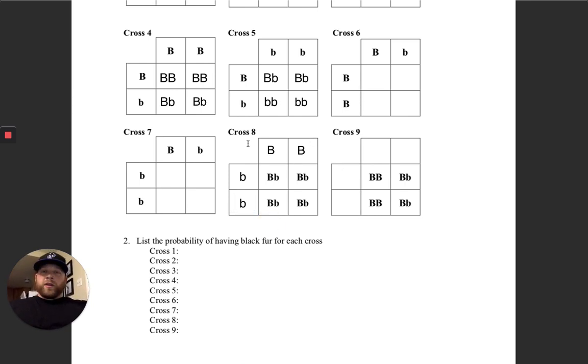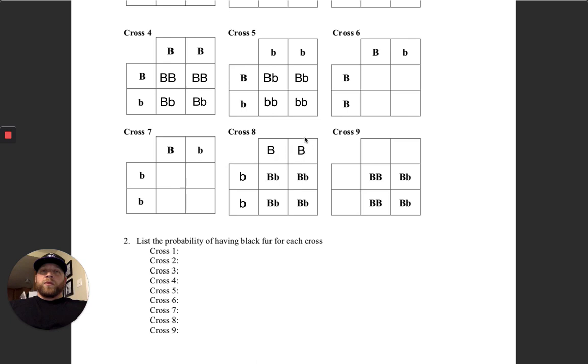So that means I crossed one parent that was homozygous dominant genotype. That means they had the dominant genotype here, both dominant alleles, and then this one was homozygous recessive.